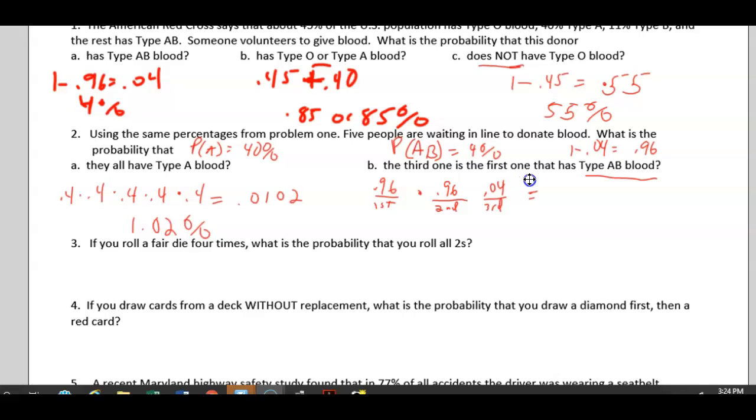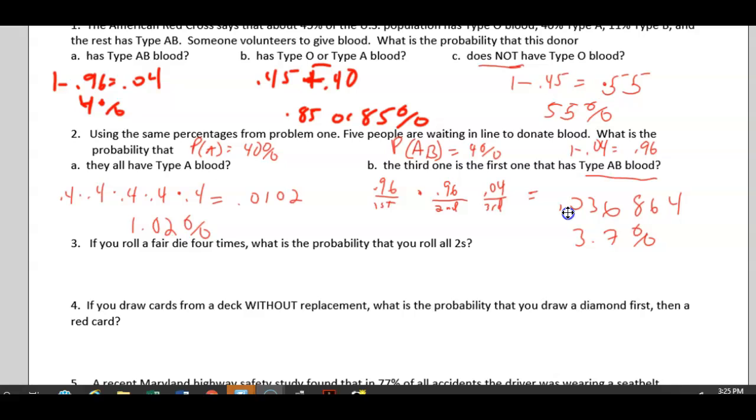So I need to multiply: 0.96 times 0.96 times 0.04. I punched that in my calculator, and that gives me 0.036864, or a 3.7% chance.